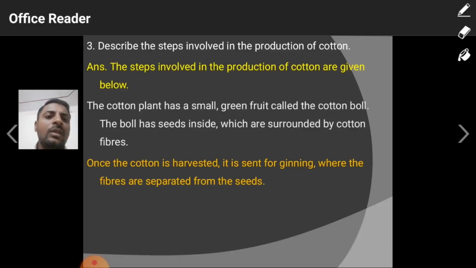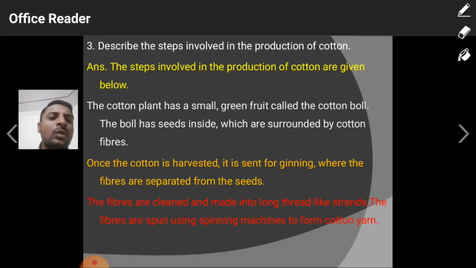Once the cotton is harvested, it is sent for ginning, where the fibers are separated from the seed. The fibers are cleaned and made into long thread-like strands. The fibers are spun using spinning machines to form cotton yarn.